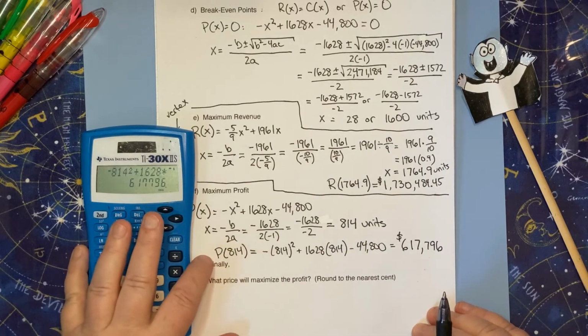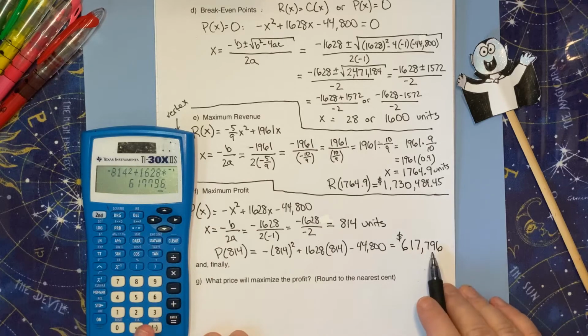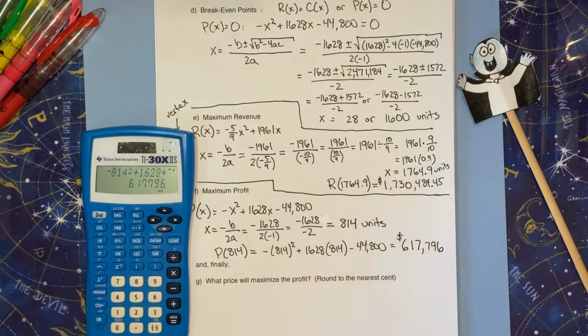Okay, so our maximum profit is only 617,000, but let me remind you, profit is the money that comes into the company after you've paid all your costs. And traditionally, costs include all of your salaries. So everyone's getting paid. This is the money that the company earns as an entity, as its own, voting creature.